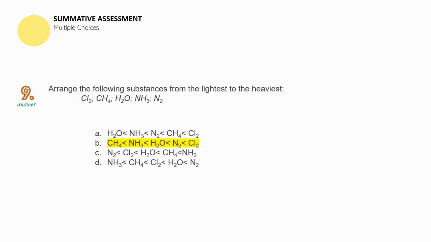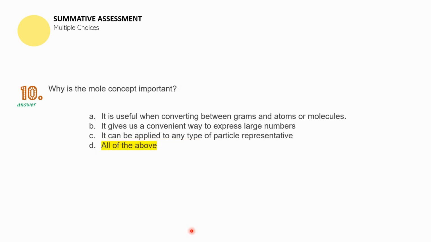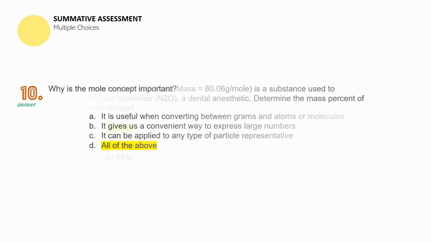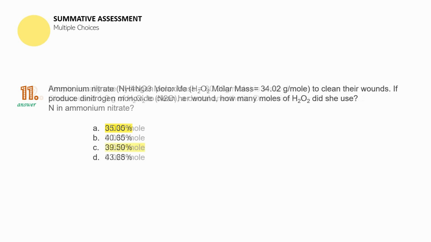Question number 9, the answer is letter B. Question number 10, the answer is all of the above. Question number 11, the answer is A, 35%. Question number 12, the answer is 0.029 mole.